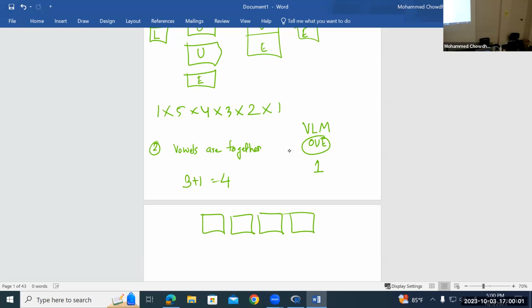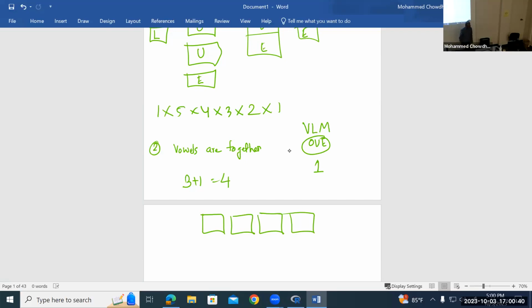One of these boxes will be occupied by the vowels, together. Good question. It could be any of these ways: it could be O, U, E, or O, E, U, or E, O, U, or E, U, O, or U, O, E, or U, E, O. Any of these. But whichever goes in, the remaining three will be like that.